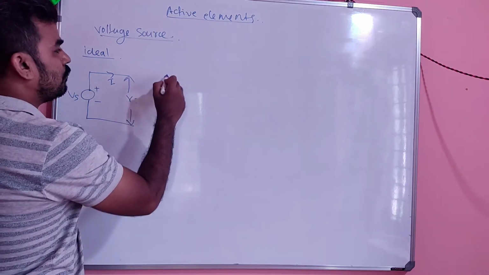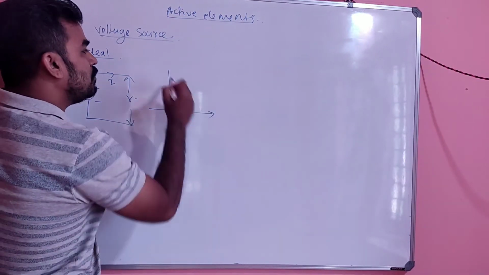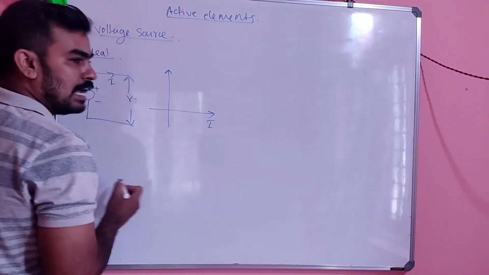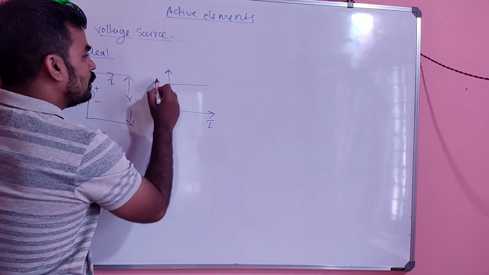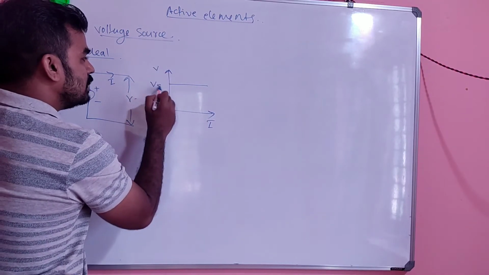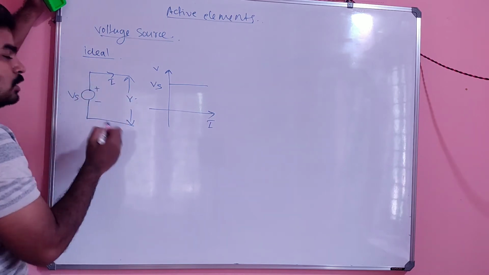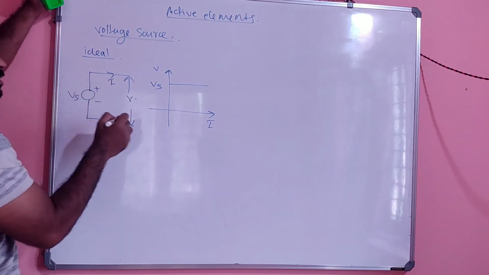The graph which shows the relationship between voltage and current for an ideal voltage source will be like this: this is I, this is V, and this is Vs. This will be Vs because there is no drop, so all the Vs will be available across this terminal.